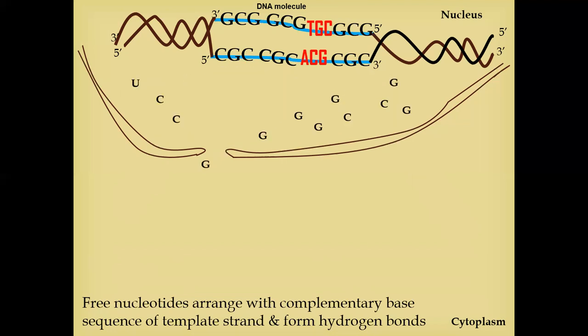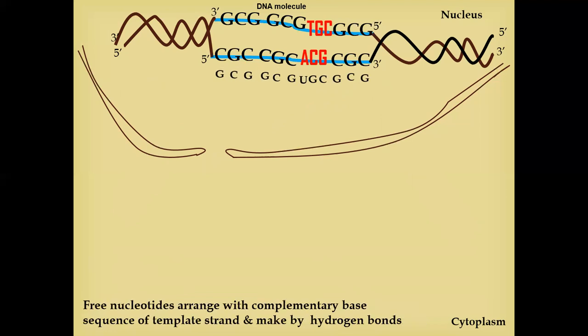After arrangement of these nucleotides on the template strand, they make hydrogen bonds with the complementary nucleotides. And after making hydrogen bonds, the enzymes start working from the promoter region.